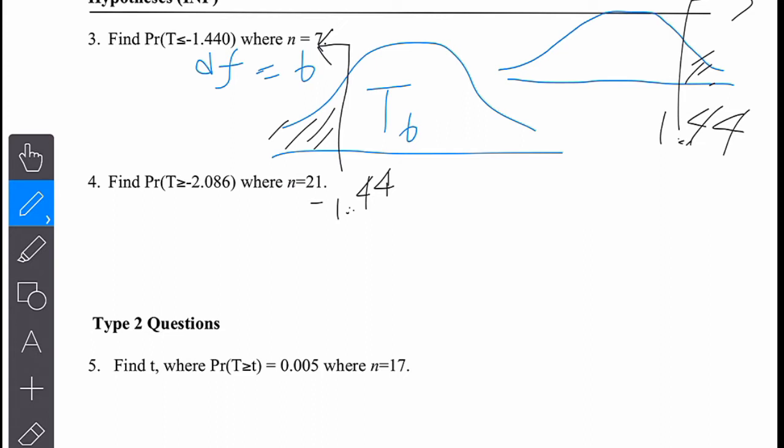These have to be the same because of the symmetry. So now we're really using the symmetry of the distribution. Let's do that, and the answer I get here will translate off of the T6 table. It will translate to be the same answer for that one.